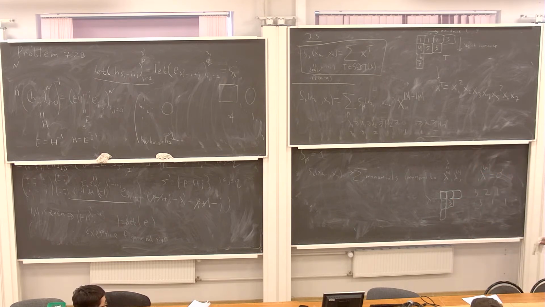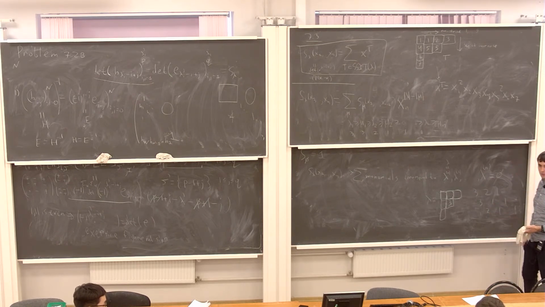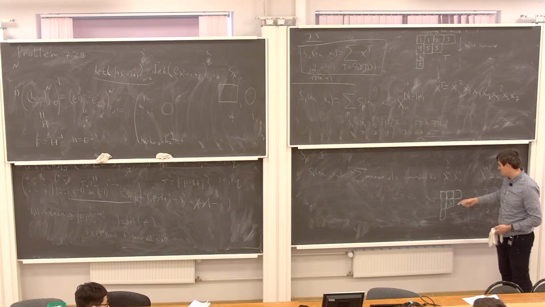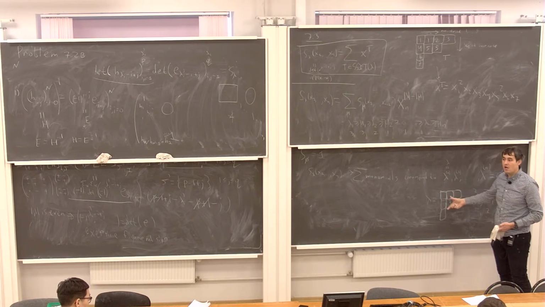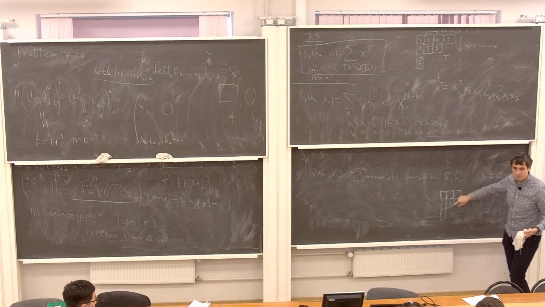Then you consider another one, let's say 2, 1, 1. It's just a complement. You have the original Young diagram and the next one, and they have a complement. It's not necessarily one box, it could be some collection of boxes. But in the whole complement, you put the numbers.